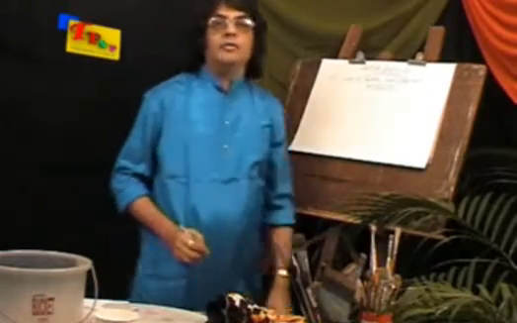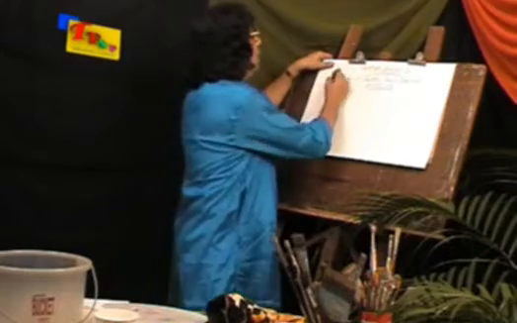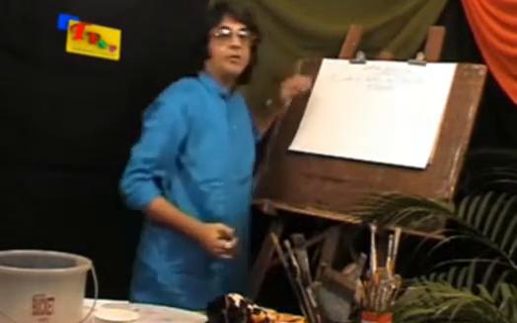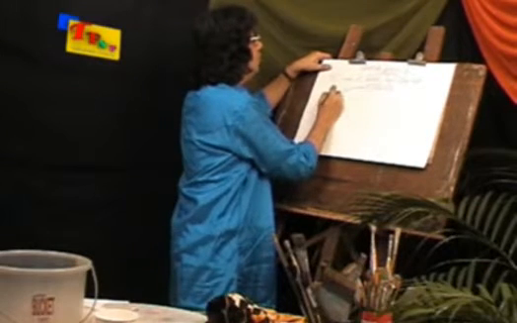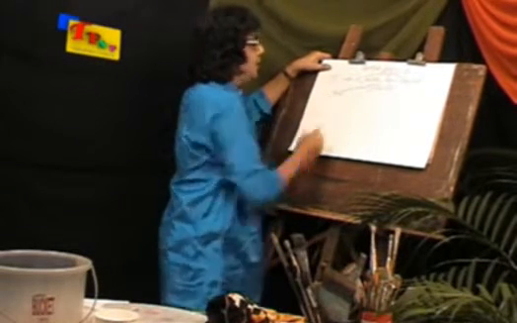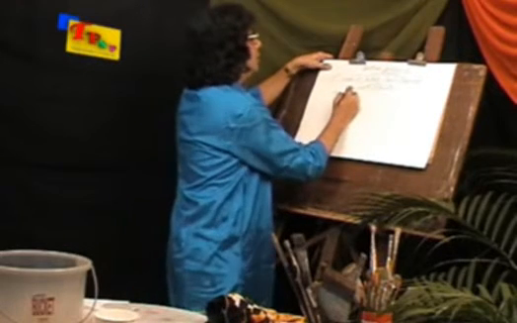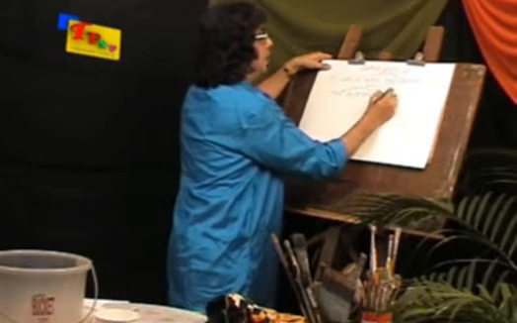Acrylics is a relatively very young medium, because oil, watercolor, pastels, charcoal have been known to man for a very long time. But acrylics was introduced as late as 1960 and was found to be a byproduct in the plastics industry.